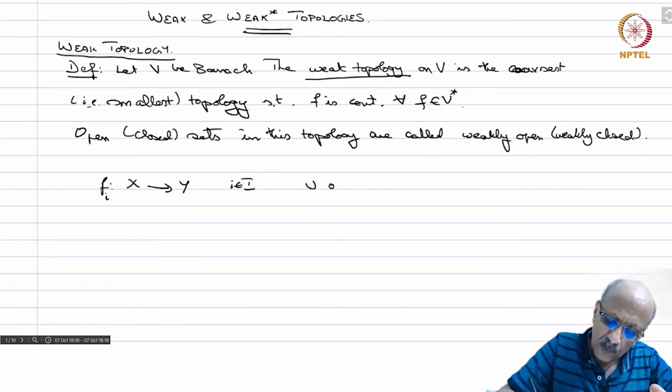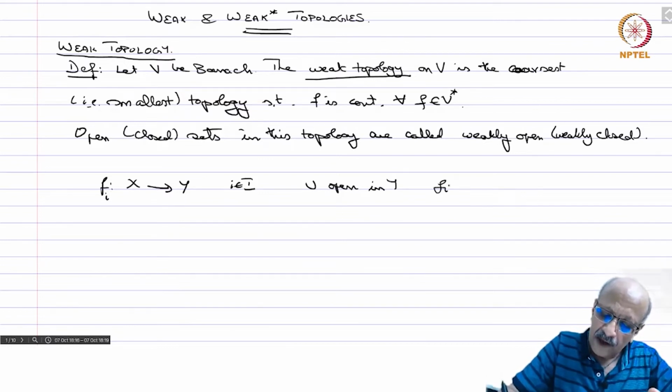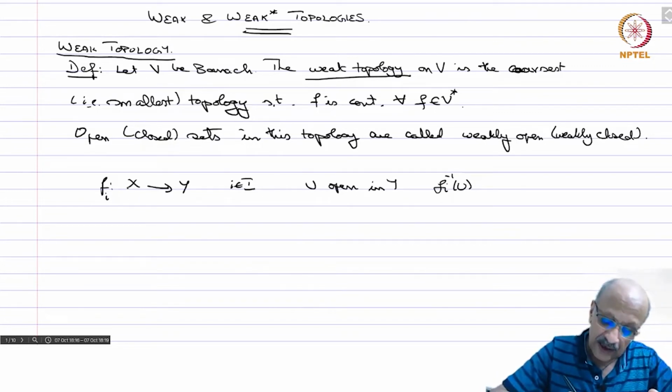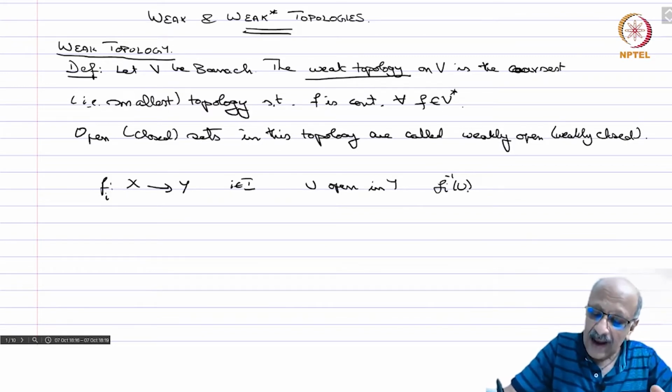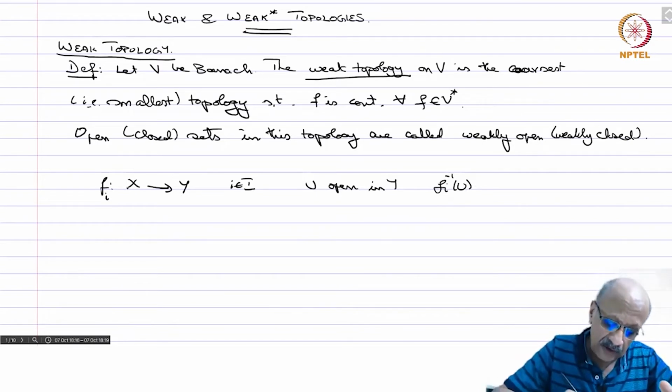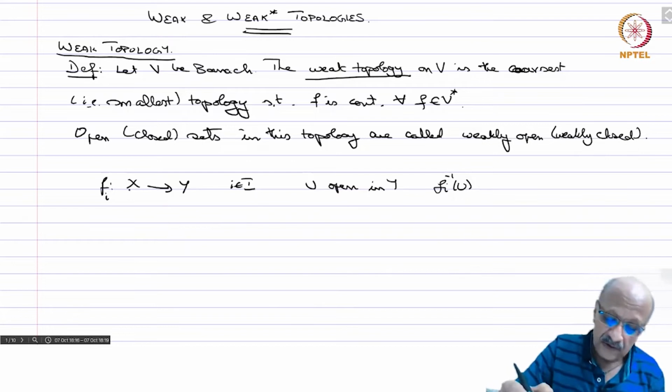So if U is open in Y, then f_i inverse of U must be open in X, and then every open set in the topology here must contain all finite intersections of these and all arbitrary unions of finite intersections of these. So that is how the topology on X is constructed.